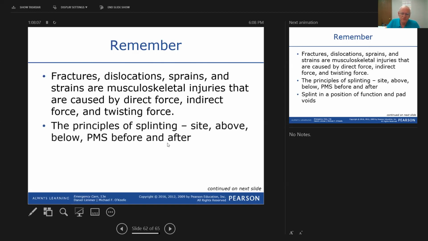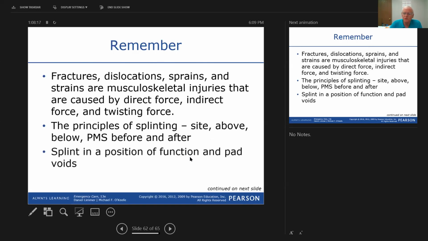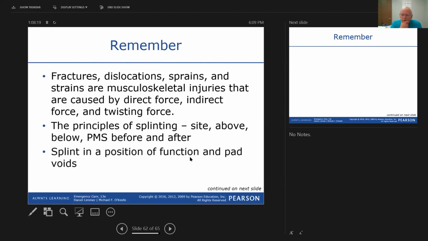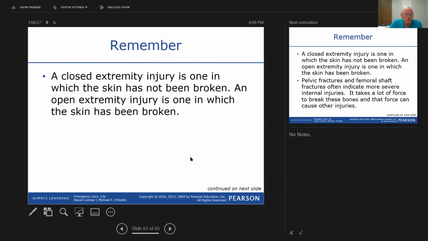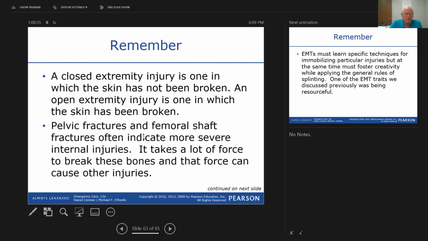You have to remember the principles of splinting. That has to immobilize the site, the joint above, joint below, and you do your distal checks before and after any procedure. Splint should be in a position of function, and make sure you're padding voids to make that a comfortable splint for your patient. Remember, closed extremity is one where the skin has not been broken. An open fracture is one where the skin has been broken.